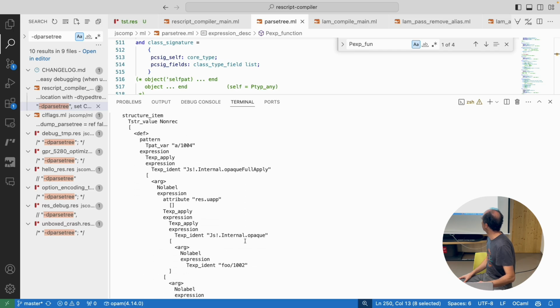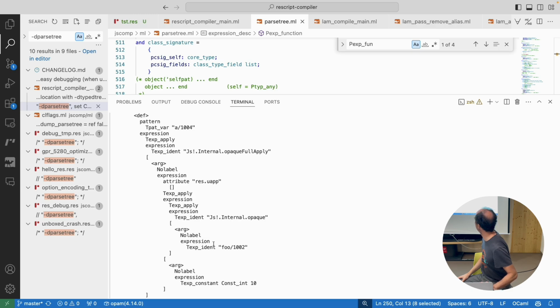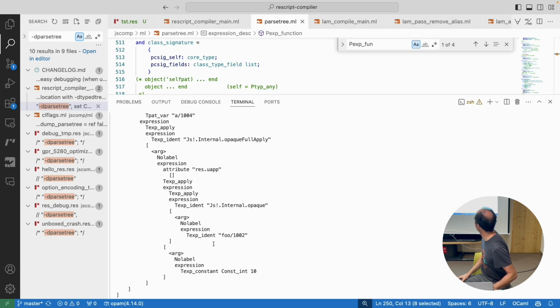And then in the case of application, things have become a bit more complicated. So basically there are a few wrappers around to make sure that the application doesn't try to apply conversions that only make sense for curried code. So there is a bunch of stuff in the backend that, for example, in the case of opaque, let's see what this does. So it's a unary application, and then it applies foo.